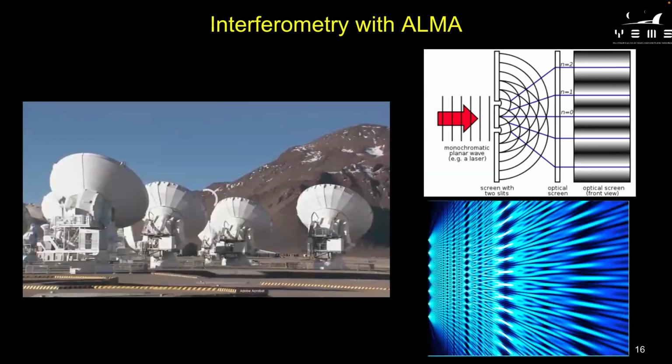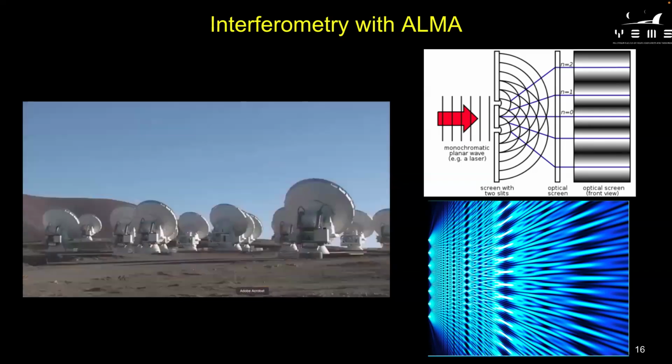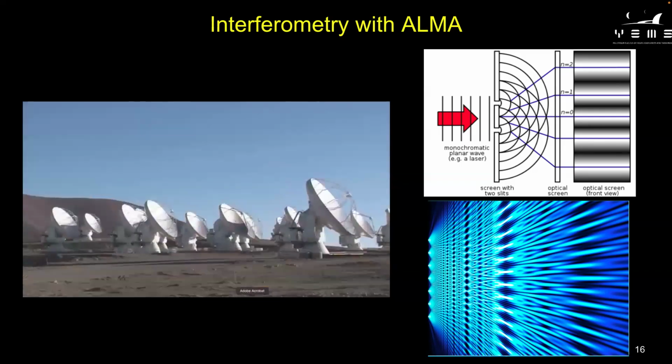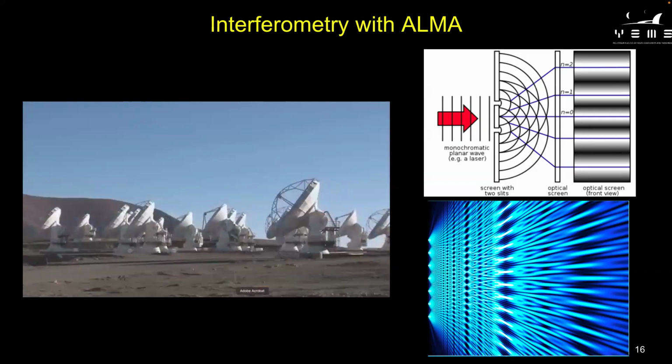Sometimes you want to spread over and use the largest arm, but in some places you want to have many dishes for better resolution and sensitivity. So now the slits are not just two, there are multiple slits. So the interference pattern is all crazy. It's much harder, you can imagine.